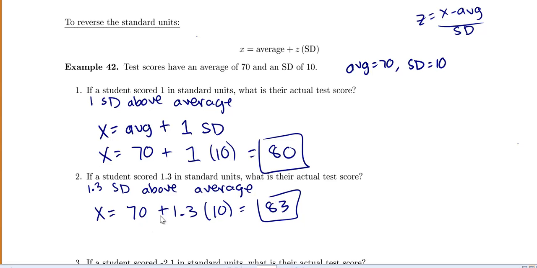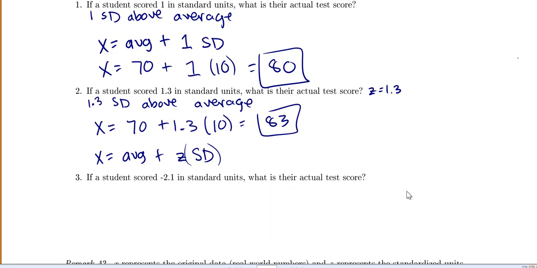I just add 1.3 standard deviations to the average. Or you can just look at the formula: average plus z, which is the 1.3, times the standard deviation.